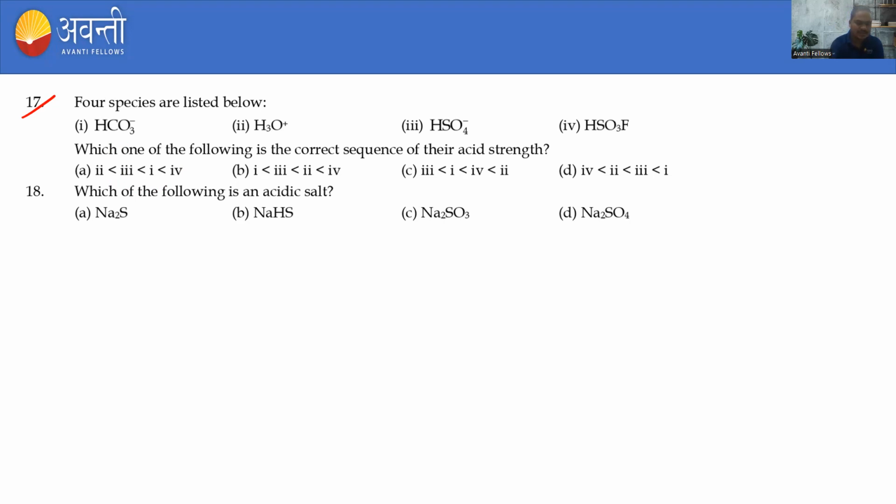So always remember, acidic nature is directly proportional to the more negative charge, right? So this is a factor for acidic nature.